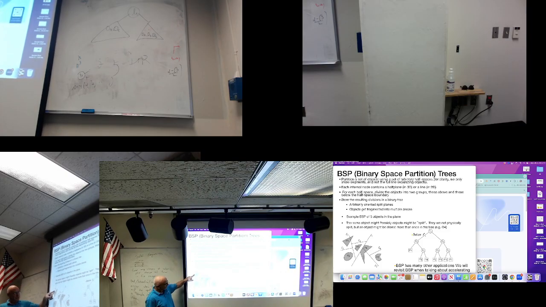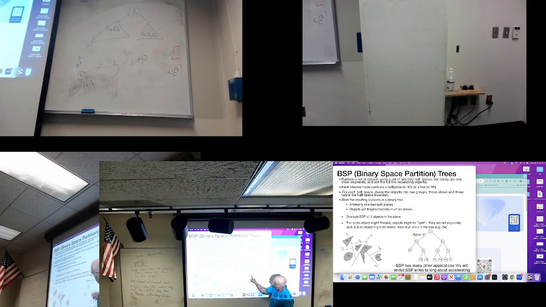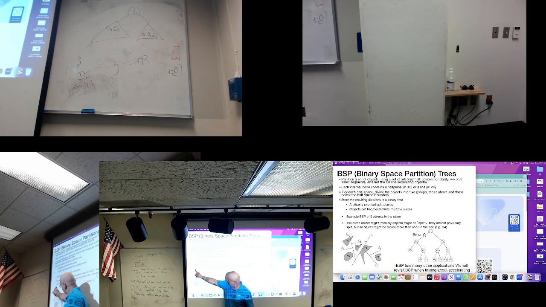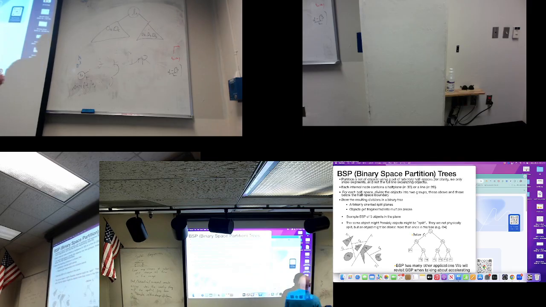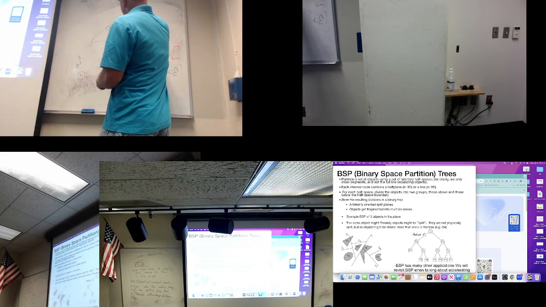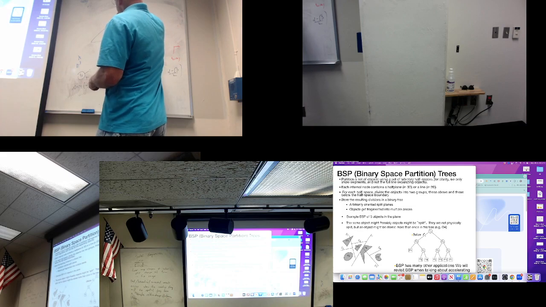So for these three objects, I realized that L2 is a good dividing line. Why is it a good dividing line? Because it splits at least some of the objects away from each other. At least O2 and O3 are now separated once I placed L2 at this node.